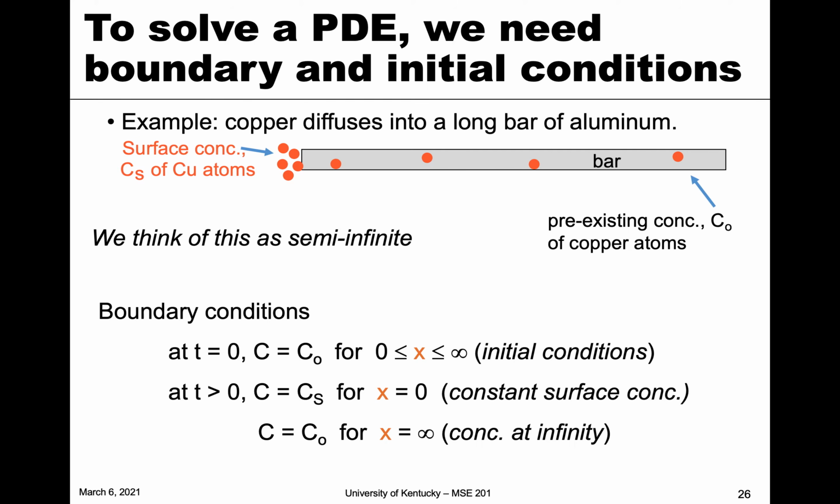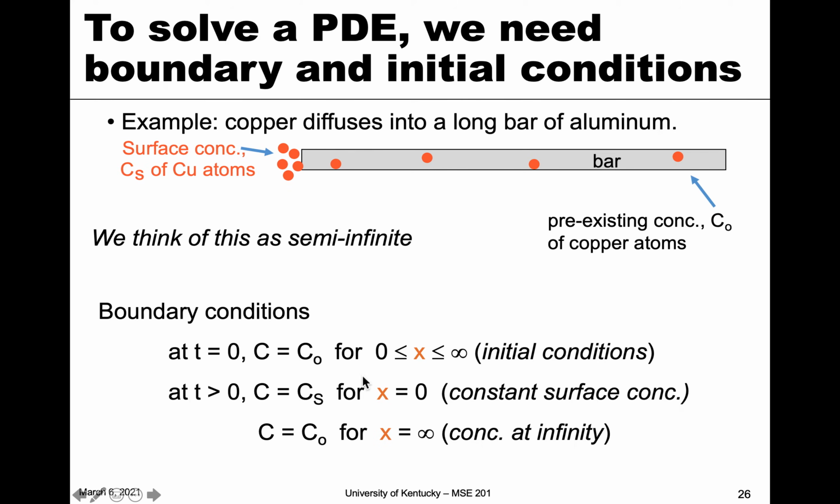To solve this, we need to know the boundary conditions and the initial conditions. Initial conditions are what it looks like when time is 0. And boundary conditions are what happens on the edges, or the ends of something.